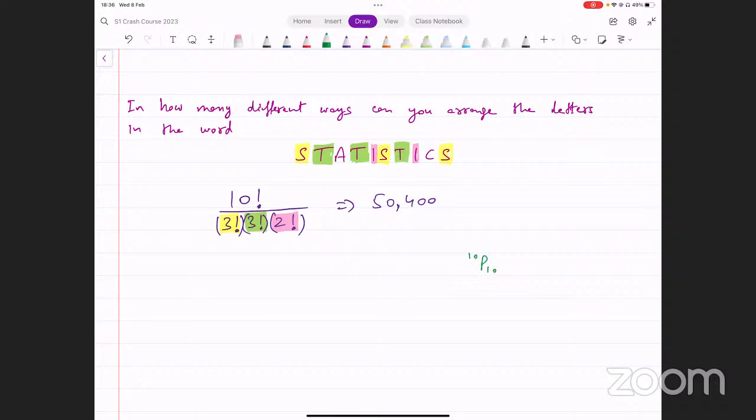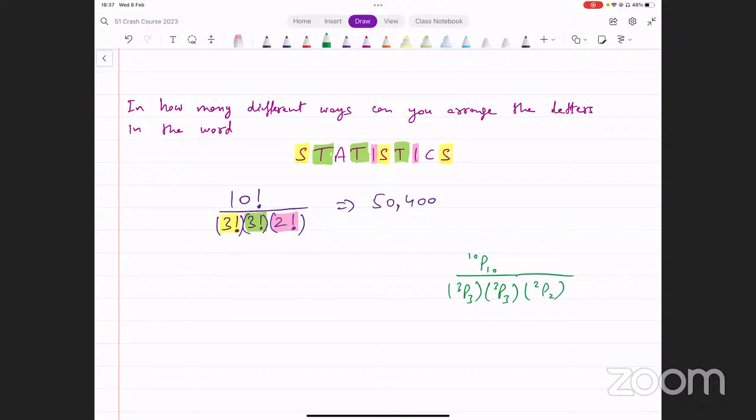That's just 10p10. In the denominator, you've got 3 factorial, 3 factorial, 2 factorial. That's because we're dividing by the arrangements that we have for the repeated letters. Instead of 3 factorial, we could use 3p3. Instead of the next 3 factorial, we could use 3p3 as well. And instead of the next 2 factorial, we could use 2p2 as well.